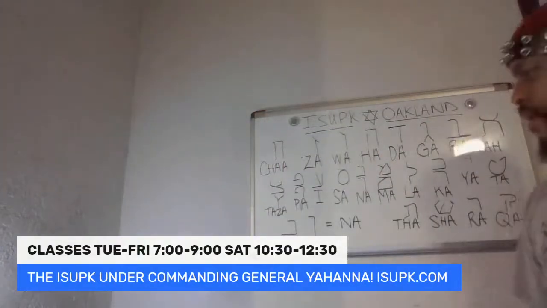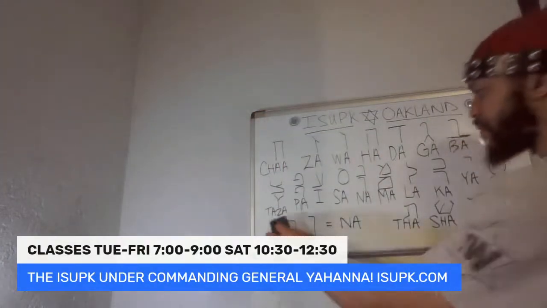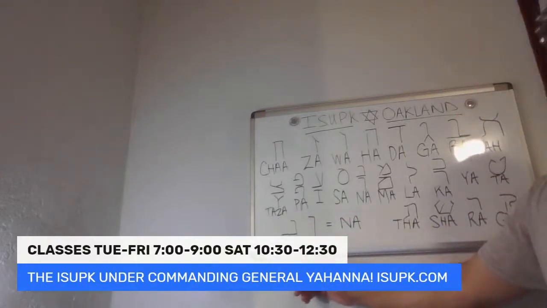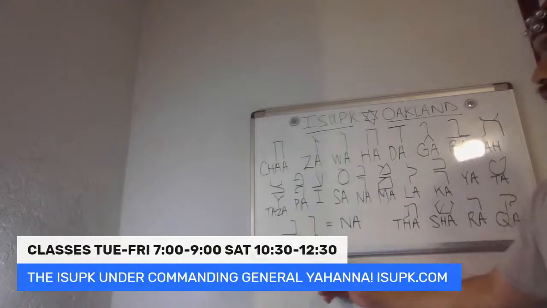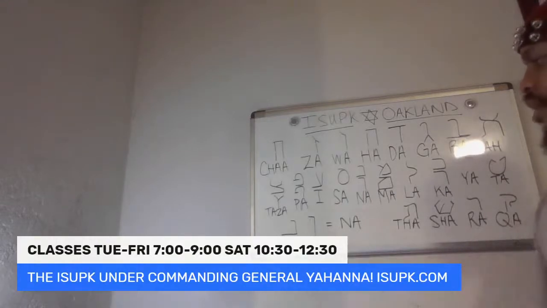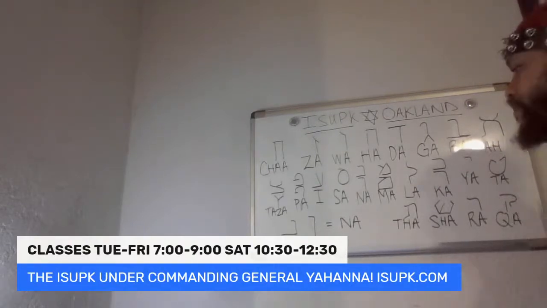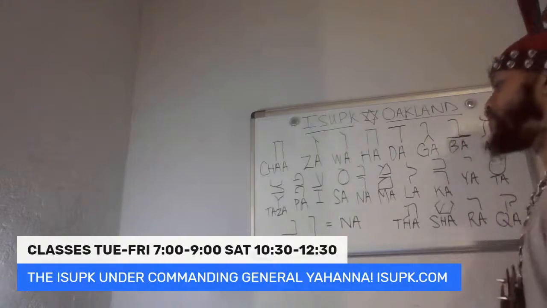When it's anywhere but the end, it'll look like this, but when it's at the very end, it's like they just dropped the bottom part down, and it just looks longer, more like a cane. That's Na.